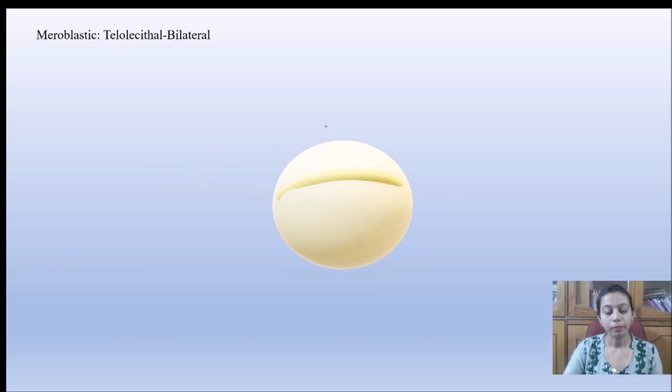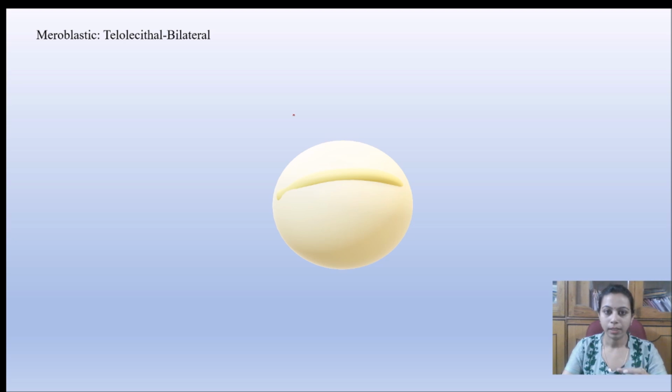Now we have moved toward the meroblastic, or the incomplete type of cleavage. Till now we have seen different patterns of holoblastic cleavage, but now we will see that the cell will not divide completely; rather, only a part of the cell will be dividing.